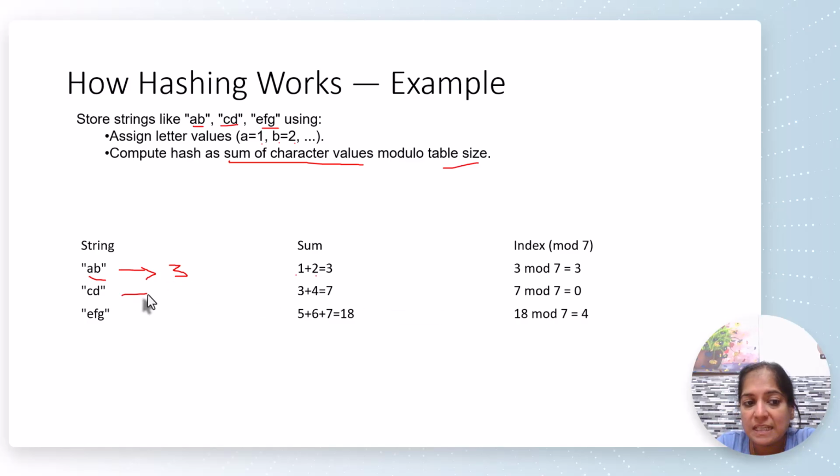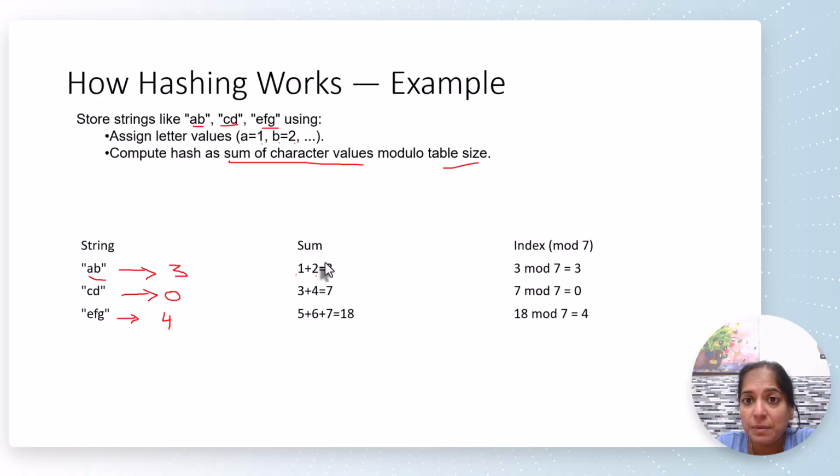So the string CD will be mapped to index 0. EFG: E equals 5, F equals 6, G equals 7, which makes 18. So 18 mod 7 equals 4. So EFG will be mapped at index 4 in our hash table.